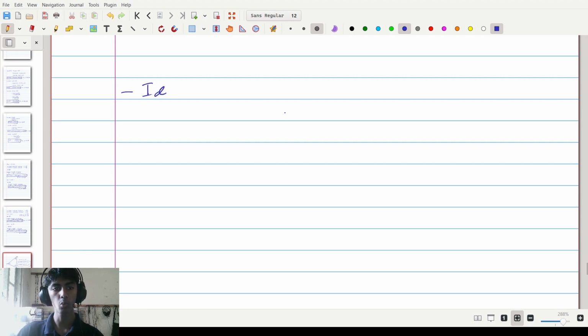We talked about what an identity is. An identity is an equation that holds true for all possible values of the inputs. And then we derived 3 Pythagorean identities. One that we had simply sin²θ plus cos²θ is equal to 1. Another one that we got by dividing both sides by sin²θ, we got that 1 plus cot²θ is equal to cosec²θ.